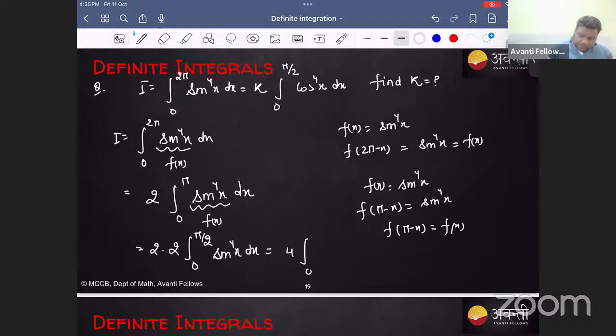And now if you apply x as pi by 2 minus x, it is cos to the power 4x dx. So it is what you are expecting. So your k is what? K is 4, and this is how we apply this particular property. Got it?